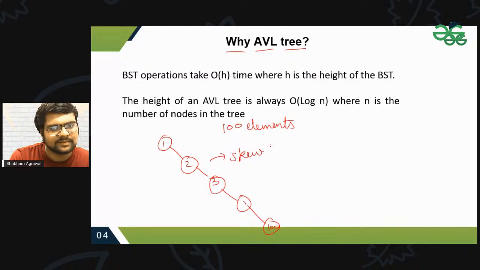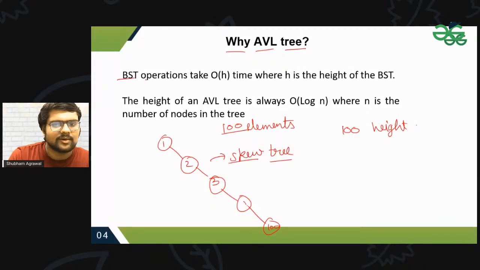Here if there are 100 elements, then the height of the tree will be 100. And we know that insertion in BST takes order of h time, where h is the height of the tree. So here in this case height is 100.